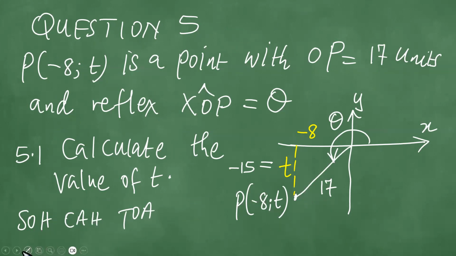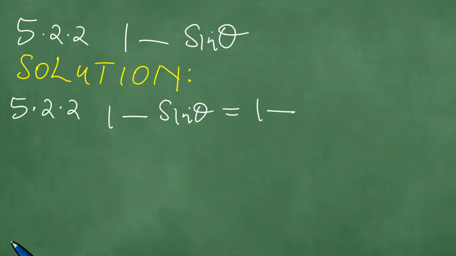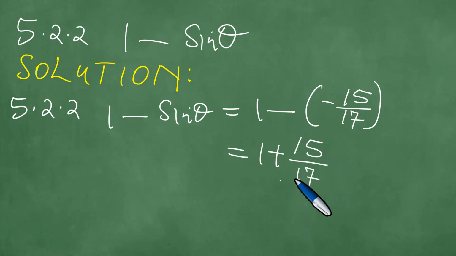So the sine is actually minus 15 over 17.